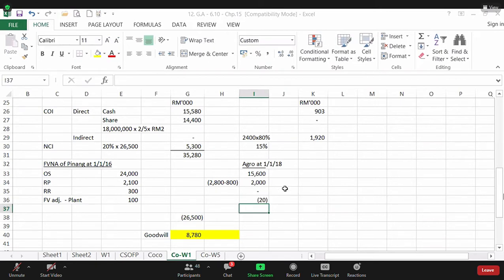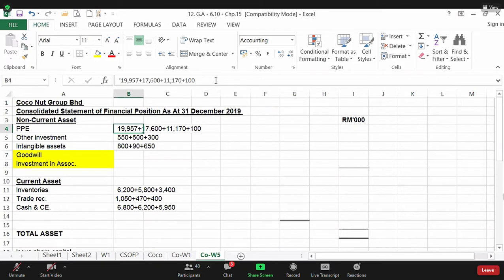Usually we do practice plus, right? This one minus. So when you minus our PPE, what you are supposed to do? Minus 20. Okay?